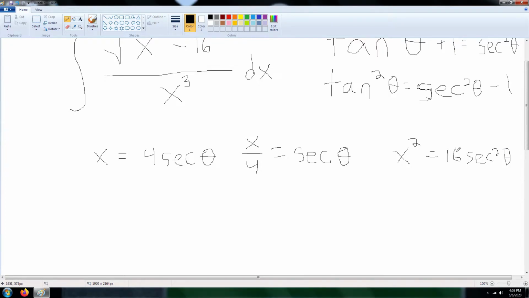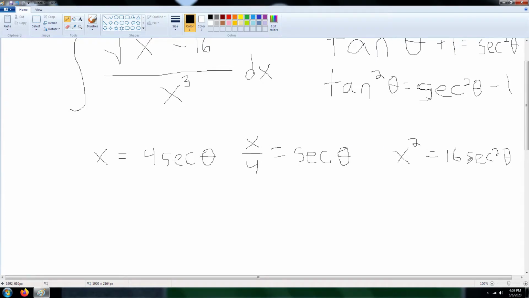Okay. Now here's the question for you. What happens if we cube the 4 secant theta? If we were to cube that, well, 4 times 4 is 16.